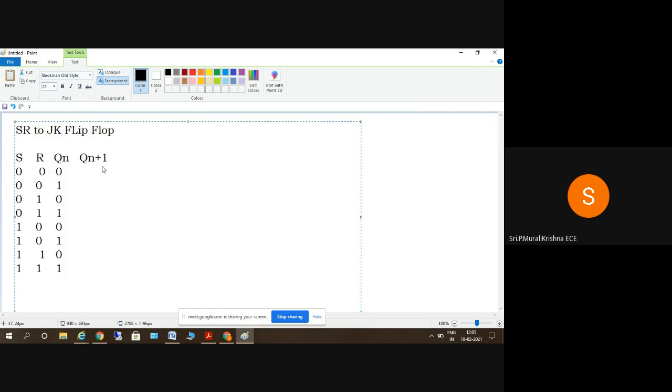This is the truth table, right? So what are the values here? For 0 0, it is Q of n, so hence it is 0. Tell me, 0 1. What are these values when SR values are 1 0 1?